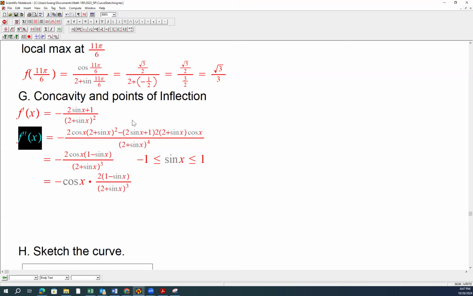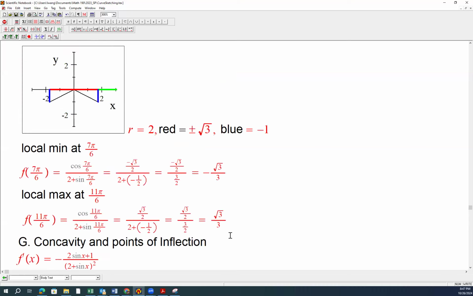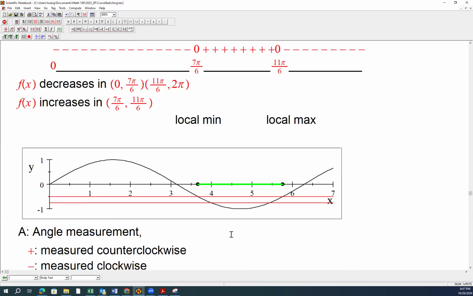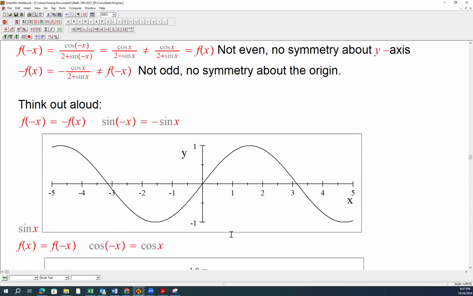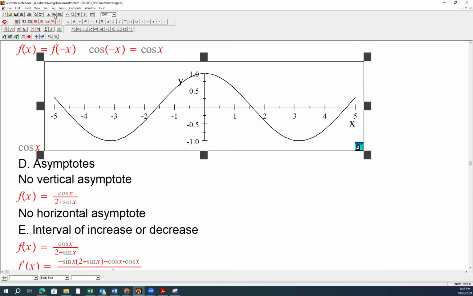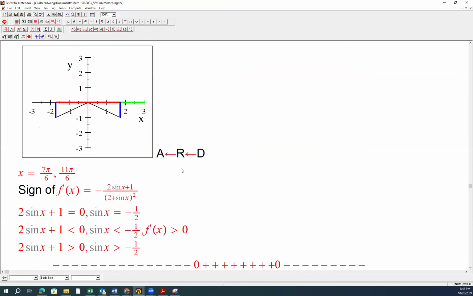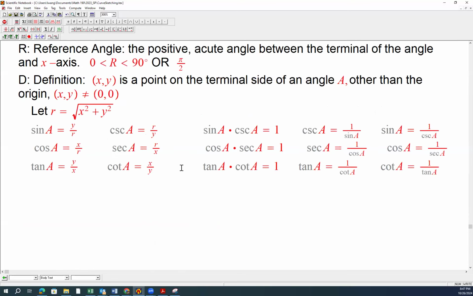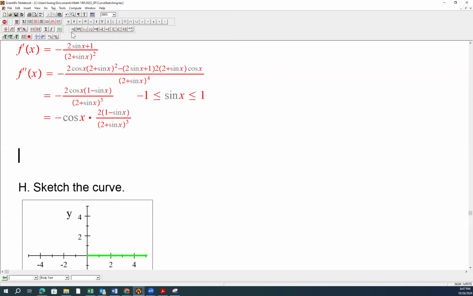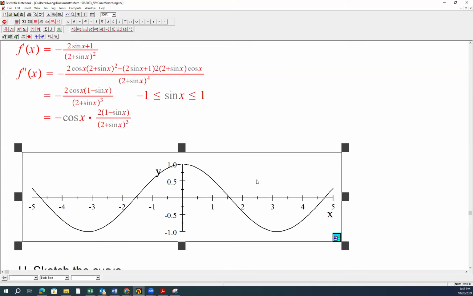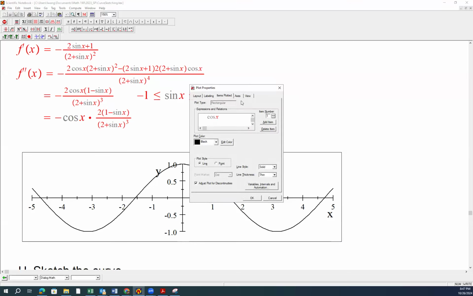So how do we use that cosine property? I'm going to bring back that cosine curve we did earlier. This is my cosine curve. We're going to look at the interval from 0 to 2 pi, just one period.